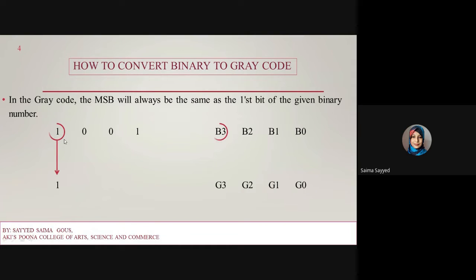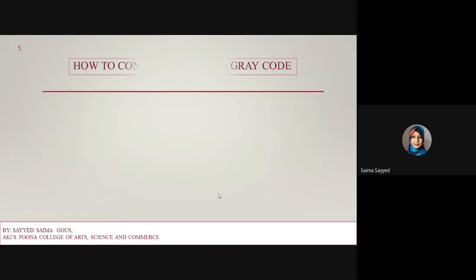So the first bit of gray code, G3, is the same as the first bit of the binary number, that is B3. So G3 is equal to B3.